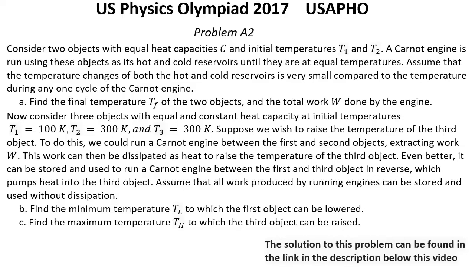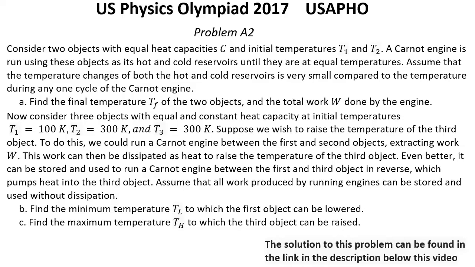Now consider three objects with equal and constant heat capacity at initial temperatures T1 equals 100 Kelvin, T2 equals 300 Kelvin, and T3 equals 300 Kelvin. Suppose we wish to raise the temperature of the third object.